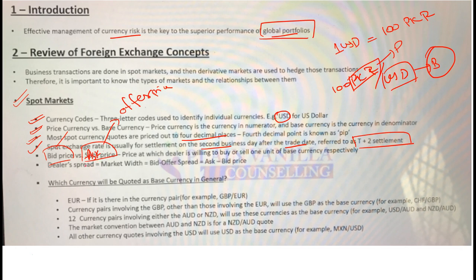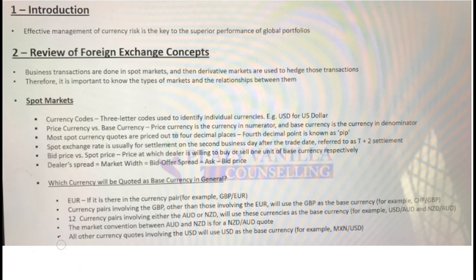So this is from the dealer's perspective. How does the dealer make money? The dealer makes money on the difference between the bid and ask price. So ask price will be higher than bid price. The dealer would buy at a lower price from you and would sell it to someone else at a higher price. This difference between bid and ask is known as the bid ask spread, and this spread is the dealer's income. So the dealer earns from this spread, that is ask minus bid price.